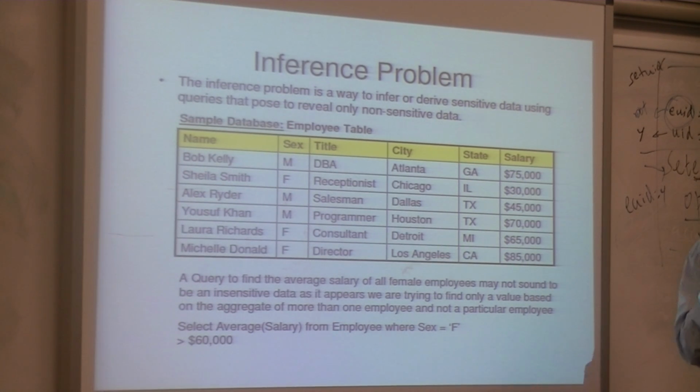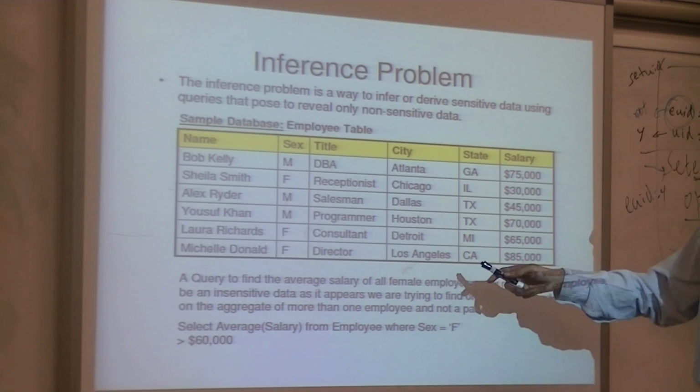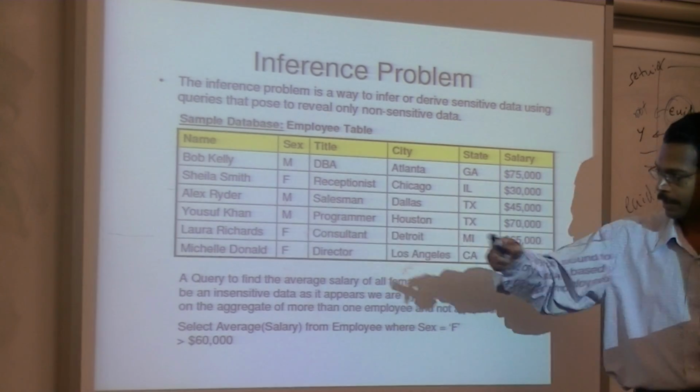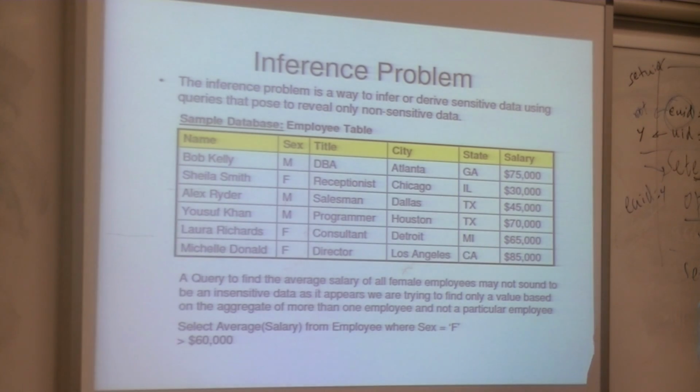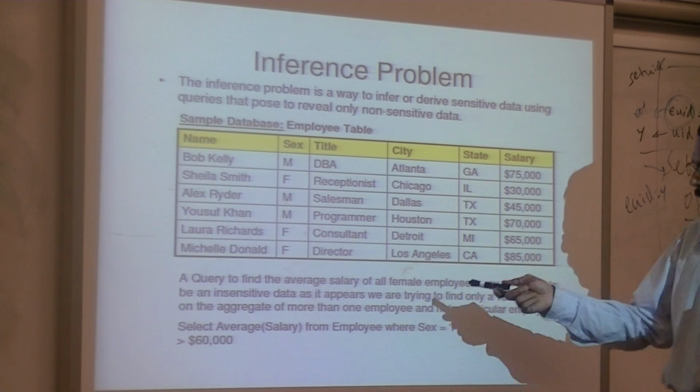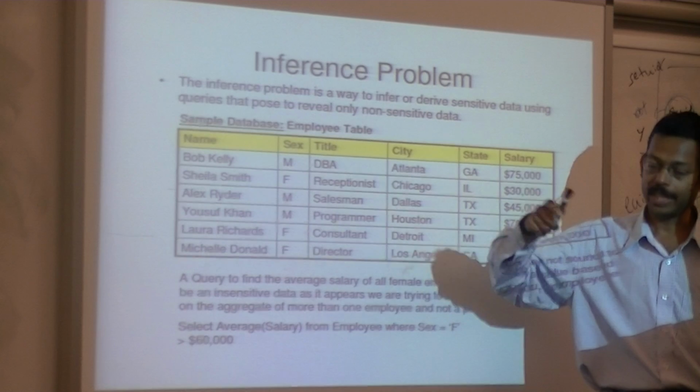So a single SQL query may not reveal any sensitive information, but when you put together the results from two or more SQL queries, you will be able to infer. Infer means gather some sensitive information. For example, if you are interested in finding the salary of Laura Richards, that's sensitive information, right? You cannot launch a query as it is, select salary from employee where name is Laura Richards.